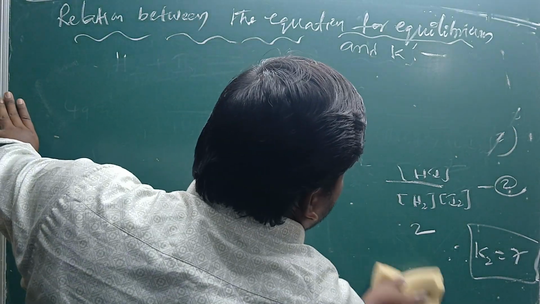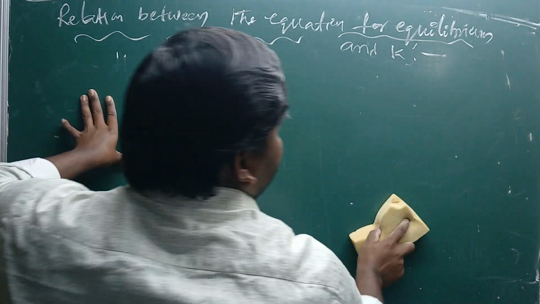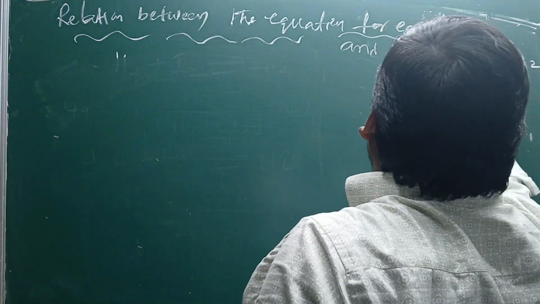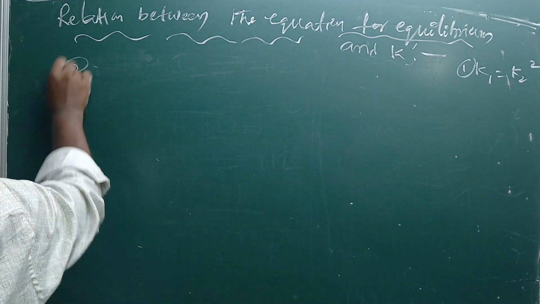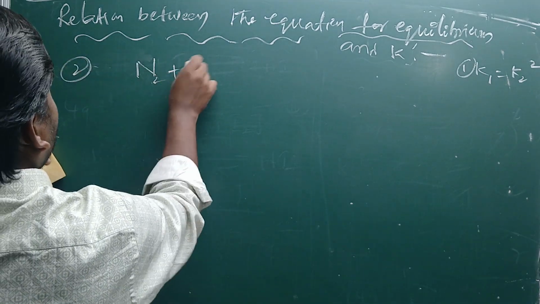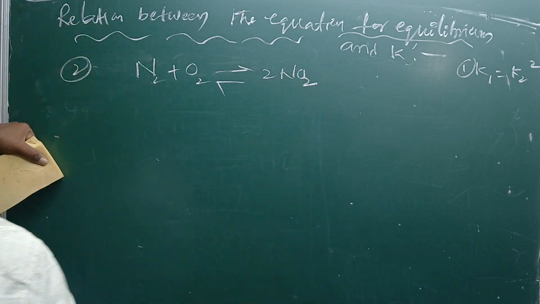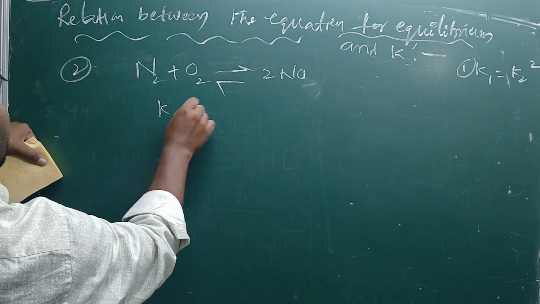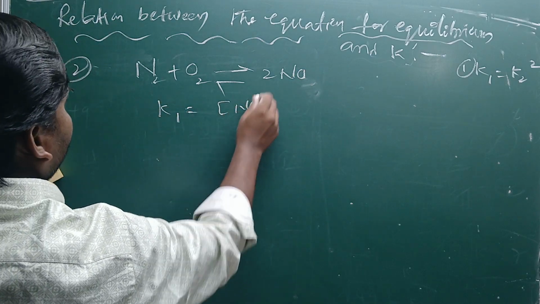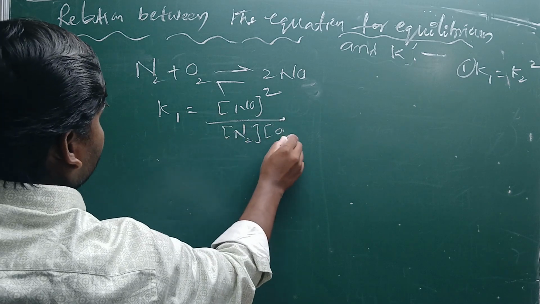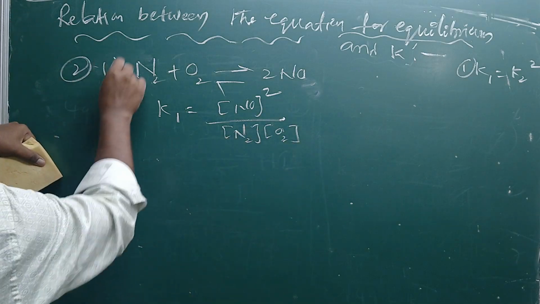One more condition: first condition, K1 is equal to K2 square, that is one relation. The second one: nitrogen combines with oxygen to form NO. K1 is equal to concentration of NO whole square by concentration of N2 into concentration of O2.